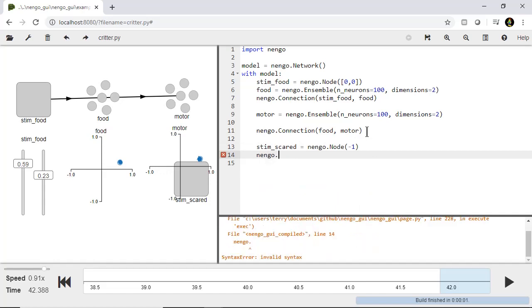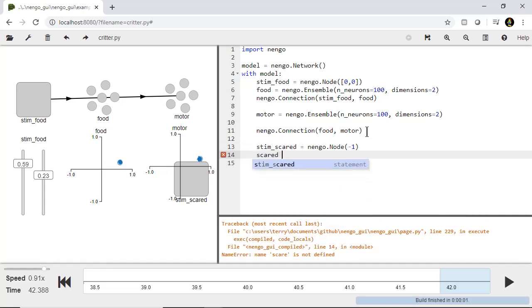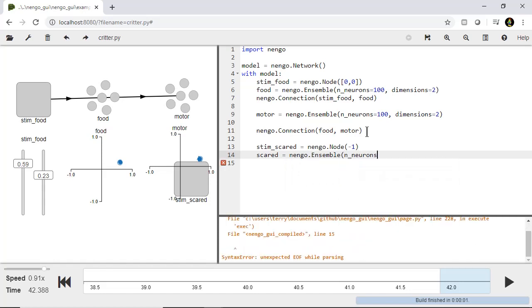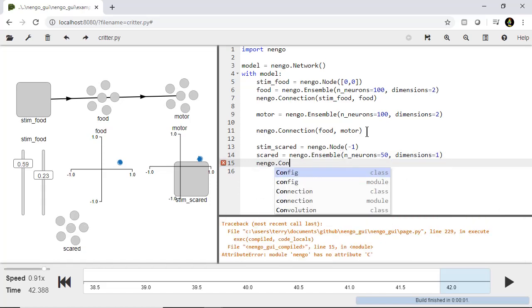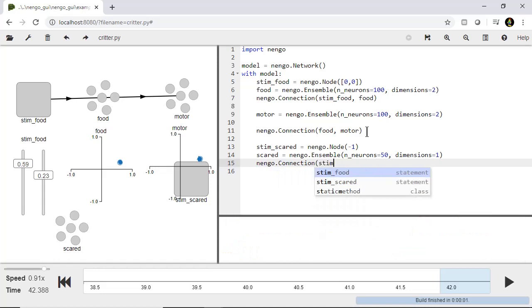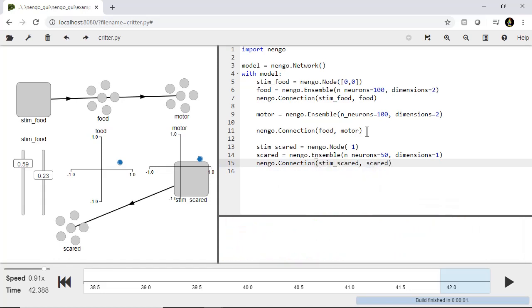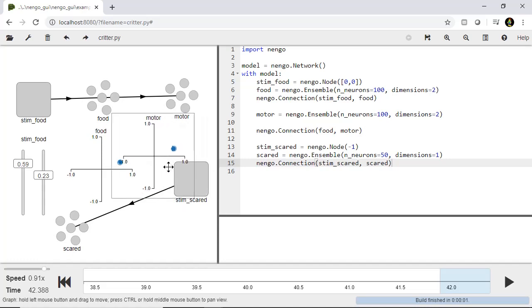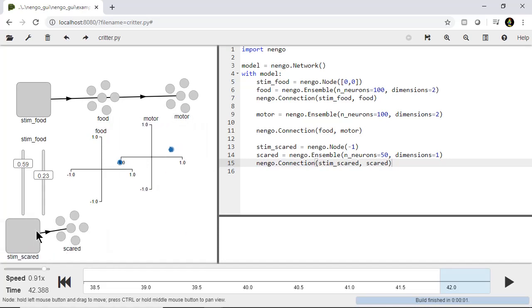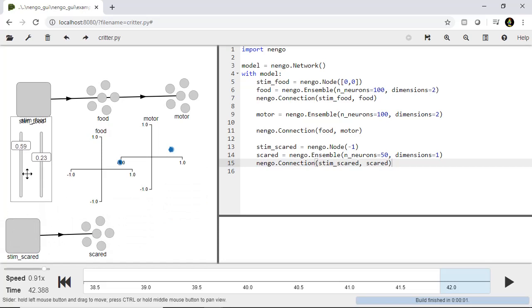Again, we're going to want a group of neurons. Dimensions is 1. And we're going to want a connection from stim scared to scared. Cool. So fine, we can scare the agent. Of course, scaring it doesn't do anything at the moment.